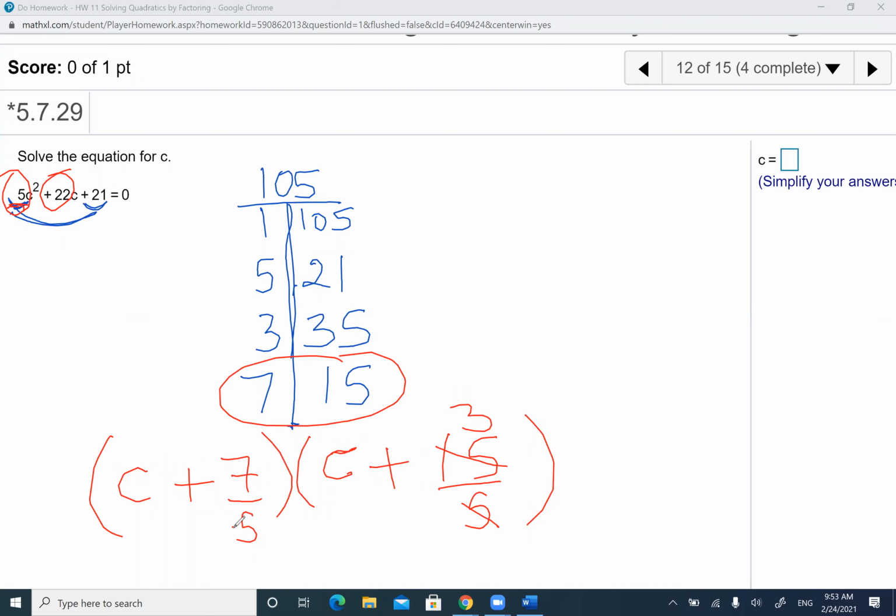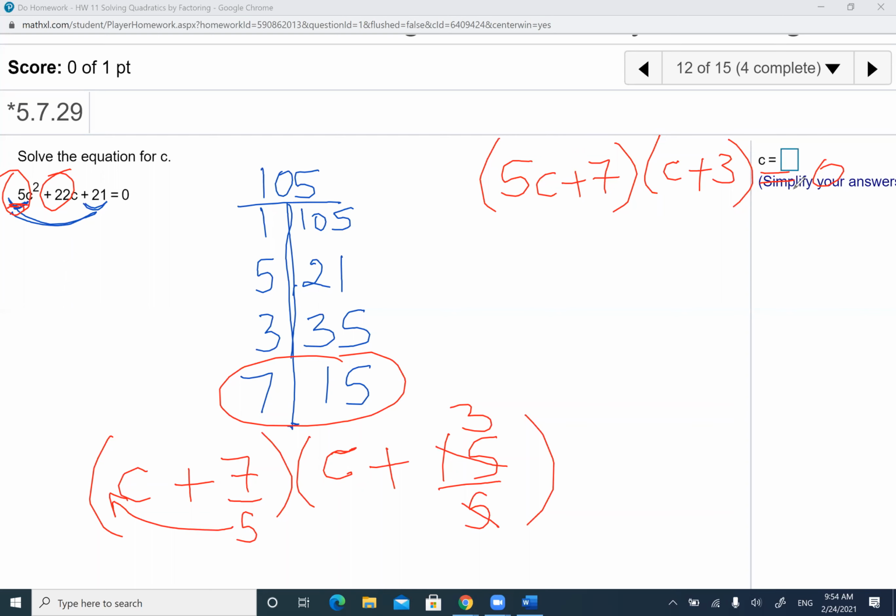If you can reduce, you move the 5 in front. So you actually factor it like 5, c plus 7, and c plus 3. It equals 0, right? It's an equation. Everybody understand this method? This is called the AC shortcut. This is the shortcut I showed you.